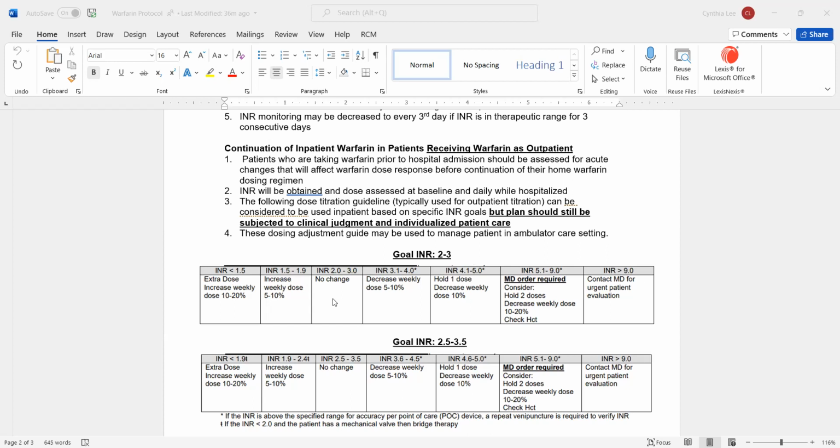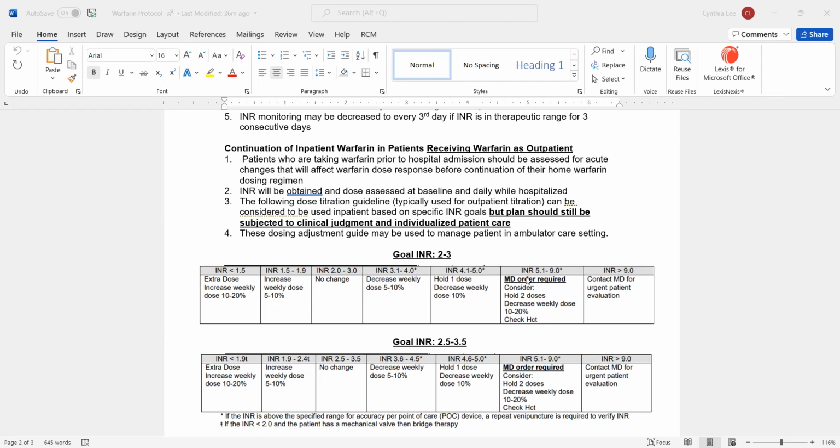And this is the algorithm or adjustment guide in terms of how you can adjust the medication if they're not therapeutic, right? If they are supratherapeutic, then definitely you need to decrease the dose. Depending on how much supratherapeutic they are, the dose decrease can be between 5 to even 20% sometimes.